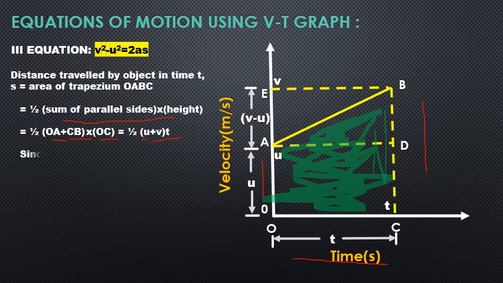Now proceeding further, we know from the first equation of motion that t can be written as v minus u by a. So all I am doing is putting this value of t in the above equation. And what do I get? Half v plus u, or u plus v, into v minus u by a.